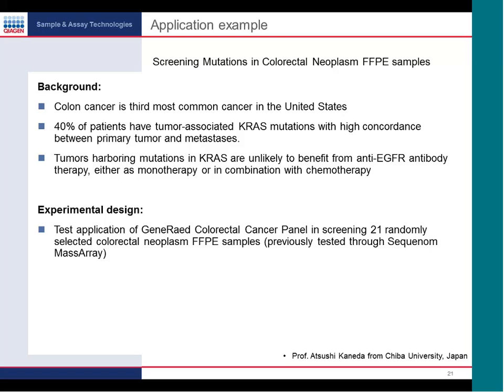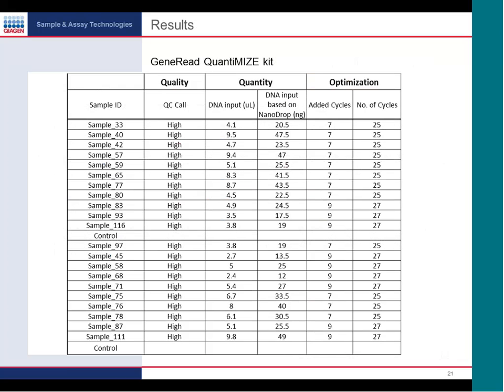So in this case study, we used our GeneRead colorectal cancer panel to screen 21 randomly selected colorectal FFPE samples, which were previously tested through Sequenom MassARRAY. And here are the results. I would like to show you the results starting with the GeneRead QuantiMIZE kit.